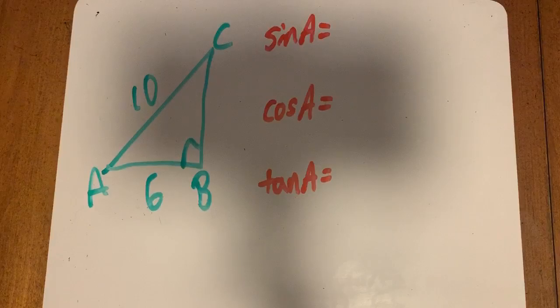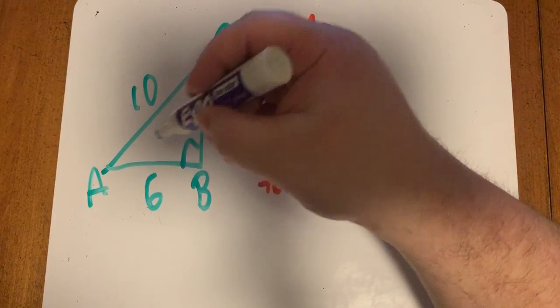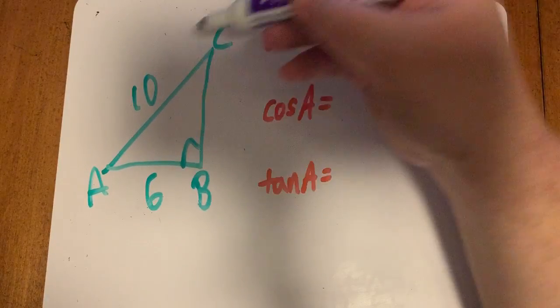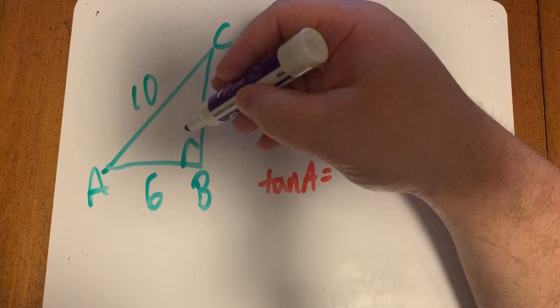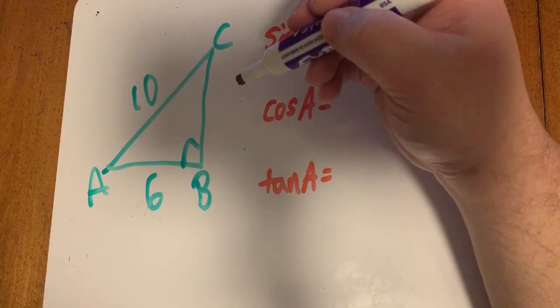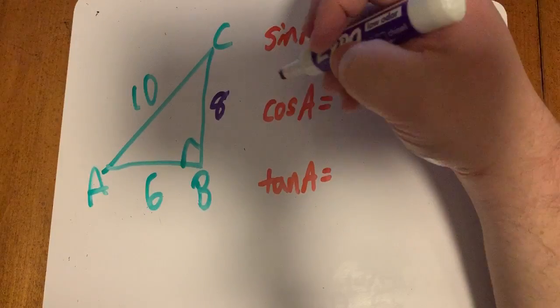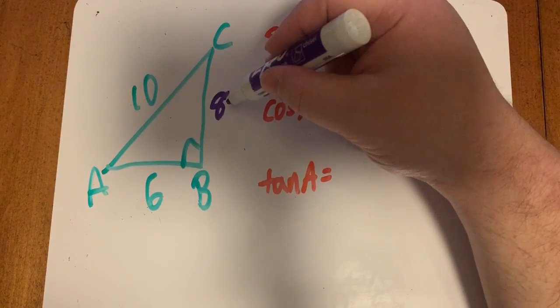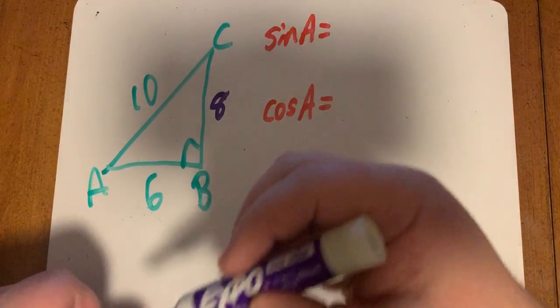And if we know two sides of a right triangle, we can use the Pythagorean theorem to find the third. So 6 squared plus b squared equals 10 squared. Subtract 36 from 100, you get 64. So that's just 8. So this 8 is opposite from A.